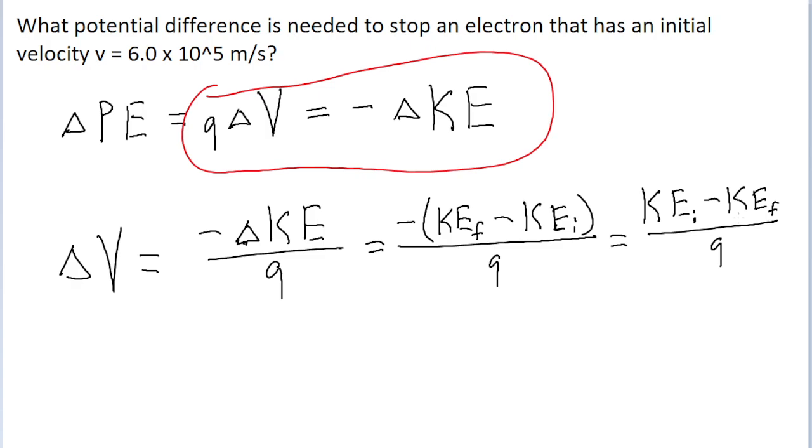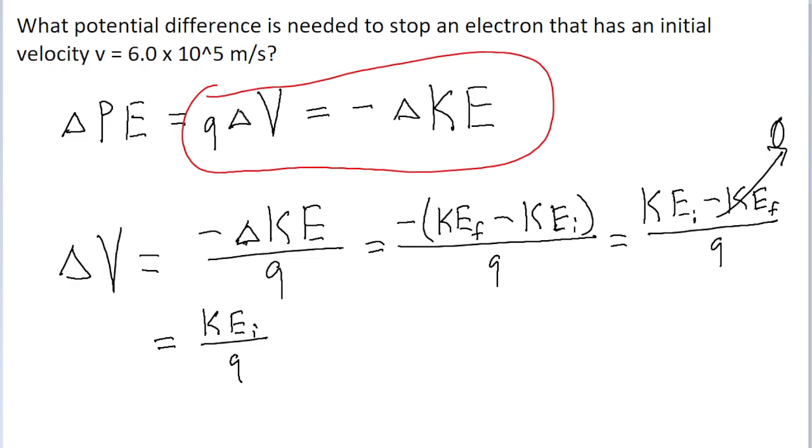And once that electron stops moving and its velocity is zero, then it has no kinetic energy either. So the final kinetic energy is zero. So really, our equation can be most simply written as delta V equals kinetic energy initial divided by Q.